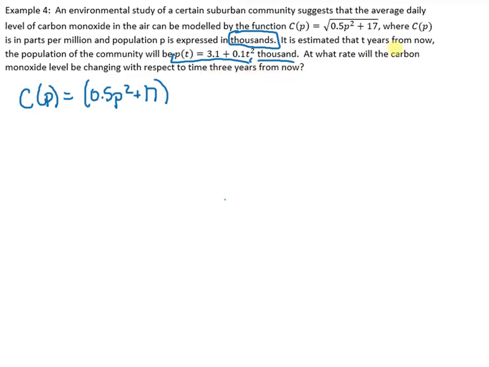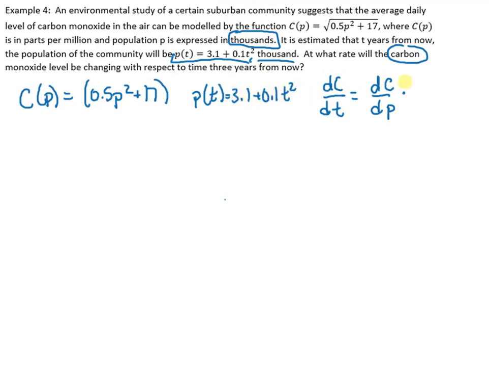Okay, so at what rate will the carbon monoxide level be changing? So we want dC with respect to time. Okay, here's the problem. We have C with respect to P, so we'd have to do the derivative of C with respect to P, and then multiply it by, we also have P(t) equals 3.1 plus 0.1 t squared, we also have dP with respect to time.